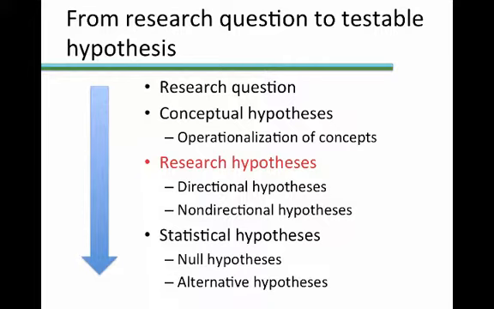Finally, we translate the research hypothesis as two statistical hypotheses, the null hypothesis and the alternative hypothesis. We apply statistics to determine whether the null hypothesis is rejected or not rejected. If the null hypothesis is rejected, we can say that our alternative hypothesis is supported. And that is how we go from a broad research question down to a hypothesis that is scientifically testable.